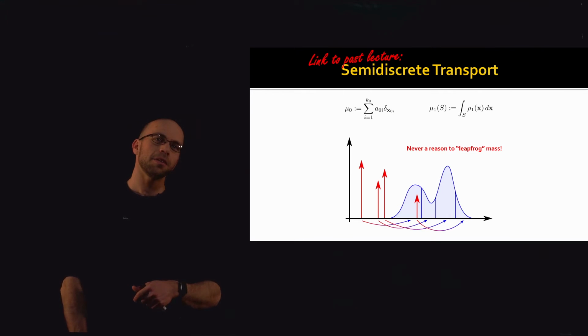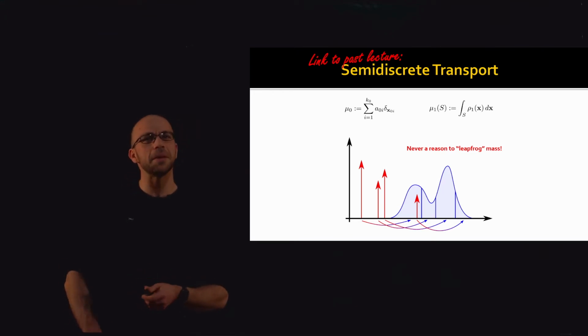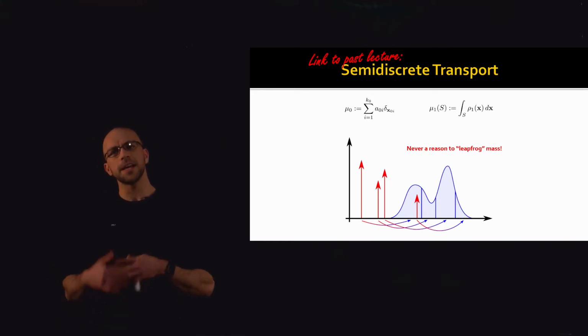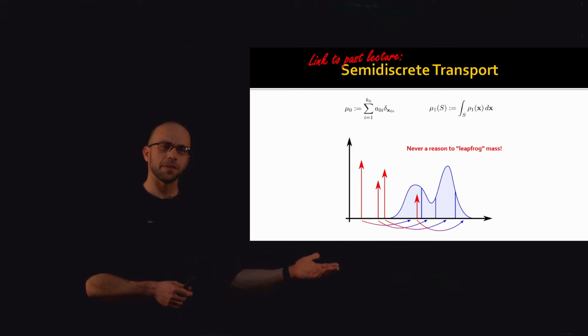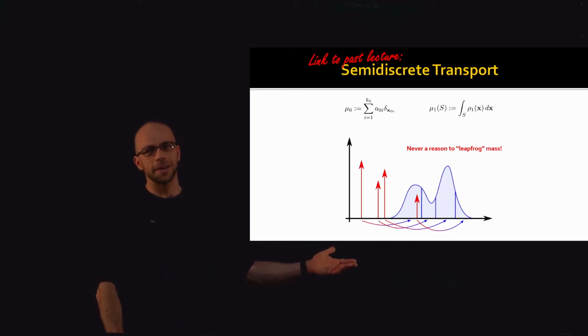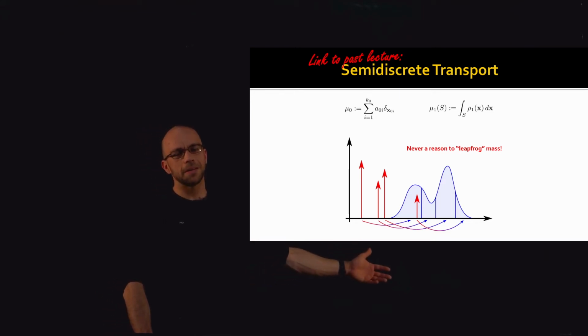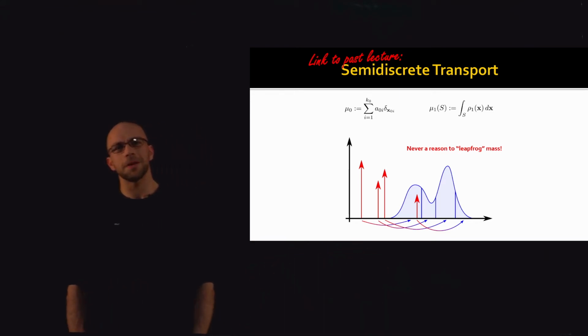In particular, we very briefly mentioned a particular model for optimal transport called semi-discrete transport. In semi-discrete transport, we're trying to solve the transport problem between one probability measure, which is composed of just a few finite points, like the red thing, and then another probability measure, like the blue guy, that I can't say a whole lot about.